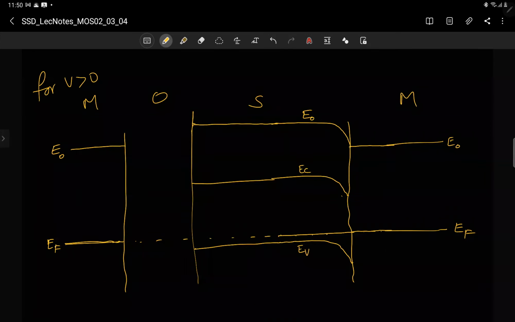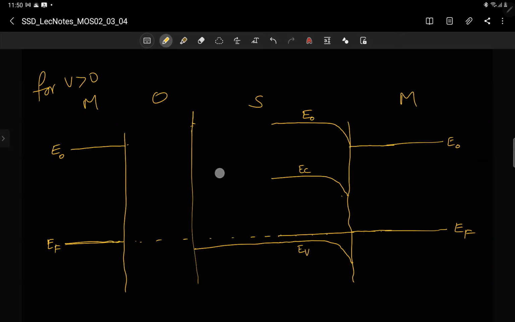If I have to draw E0 and merge with this, it means the E0 derivative should be a field. Then if there is no charge in the semiconductor, there should not be any charge in this side of the metal, then how can we have a field? Okay, it is not possible. So this is not a correct picture.